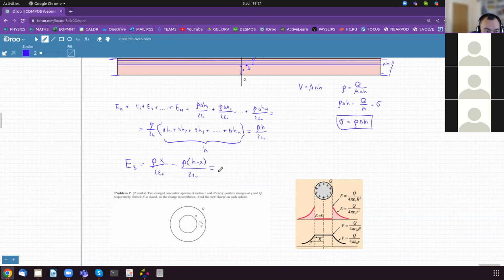So that makes it rho over 2 epsilon naught times (2X minus H). So inside the slab, the electric field is going to be this.